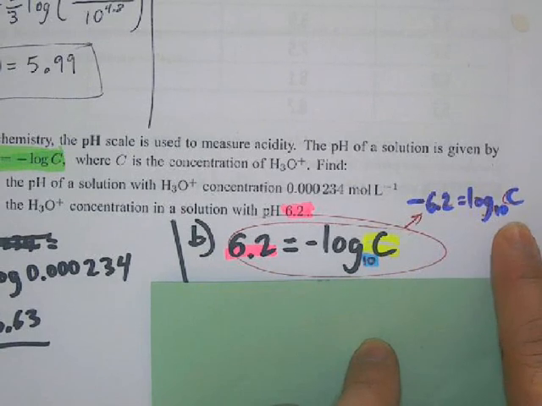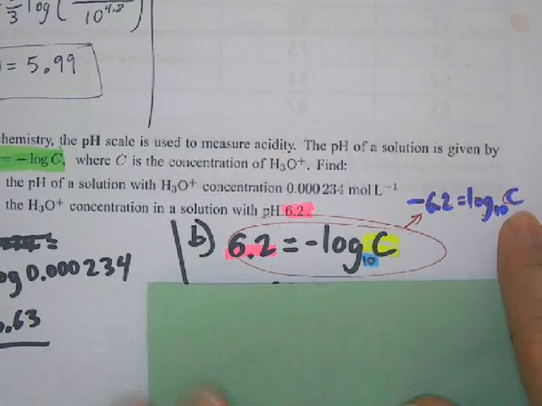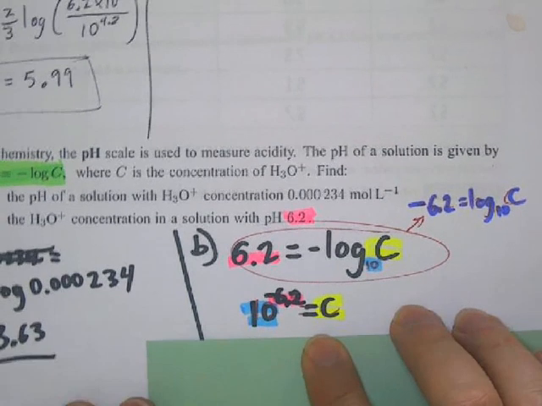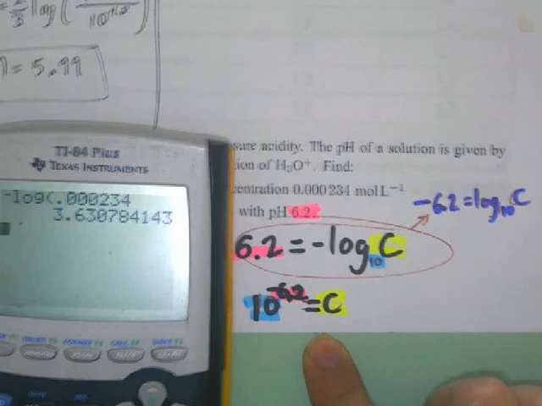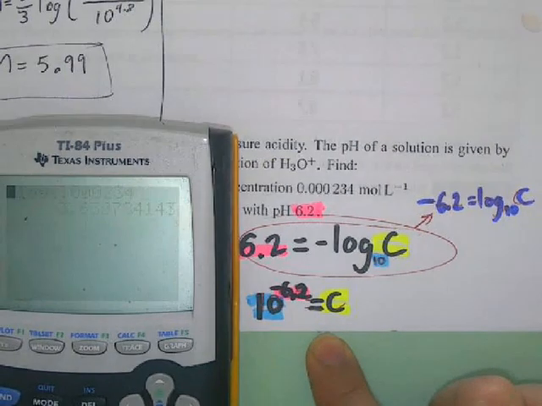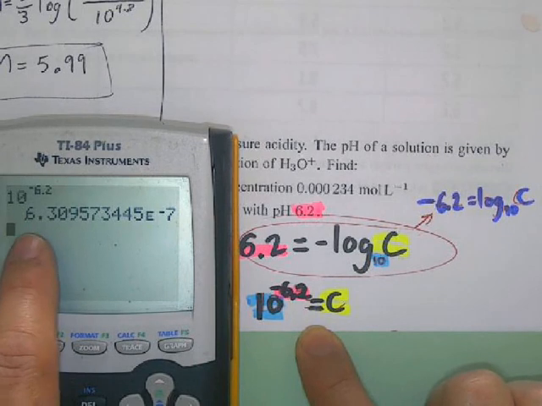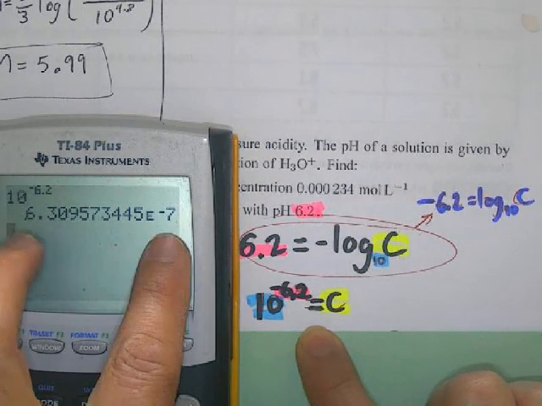So my base is 10, my exponent's going to be negative 6.2, and my argument is c. So I'm rewriting it in exponential form, and now it's really simple. I'm just going to put this as 10 to the power of negative 6.2, and I get my concentration as 6.31 times 10 to the negative 7.